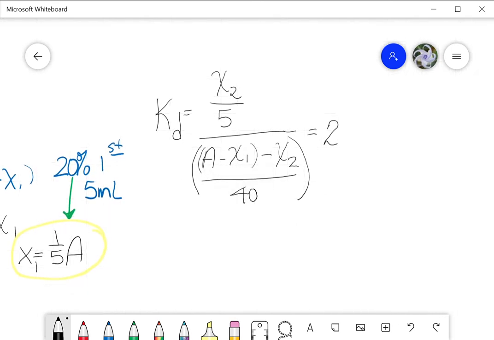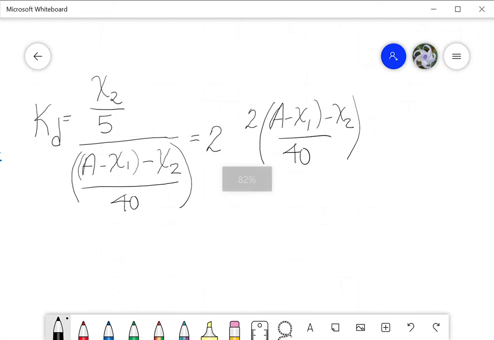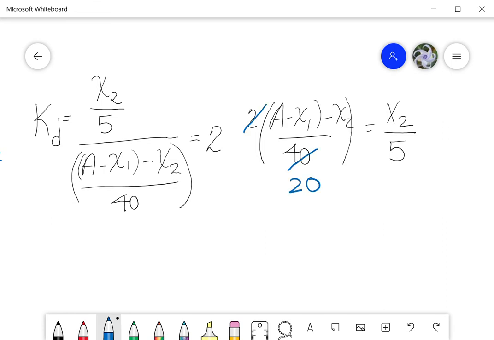So let's go and modify our equation and simplify. And we can do another simplification here as well, because we know that x1 equals 1/5 A. Let's plug that in, and this whole component will then become 4/5 A, which will simplify that a lot.